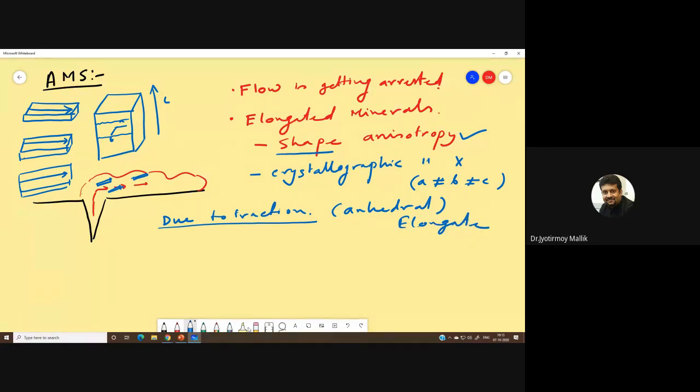They will essentially be aligned. Once it is being quenched, they will be aligned according to the flow direction of the magma.